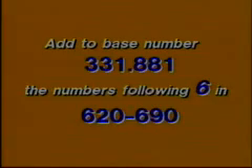If you look under the number 331.881, you will find the subdivision 0.8812 to 8819. See what is the direction given under it. Add to base number 331.881 the numbers following 6 in 620 to 690.